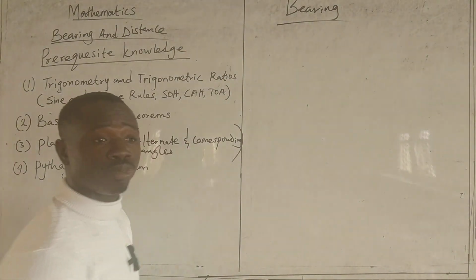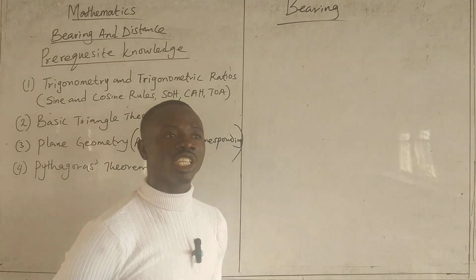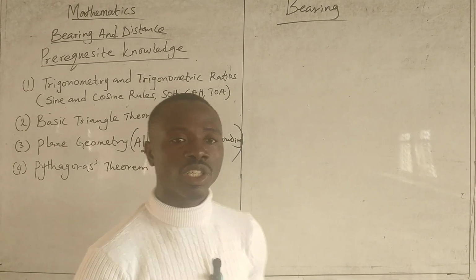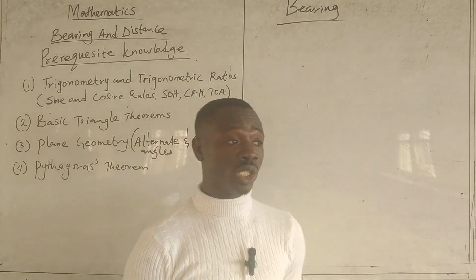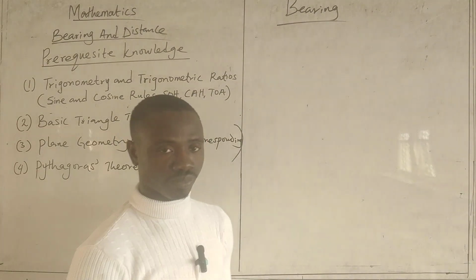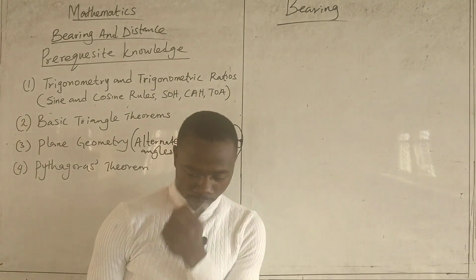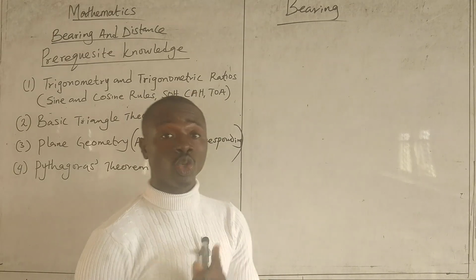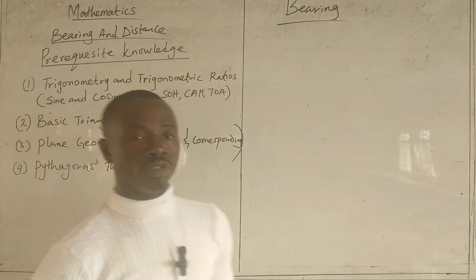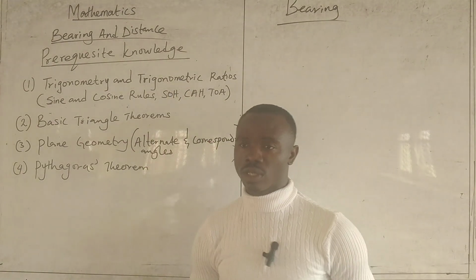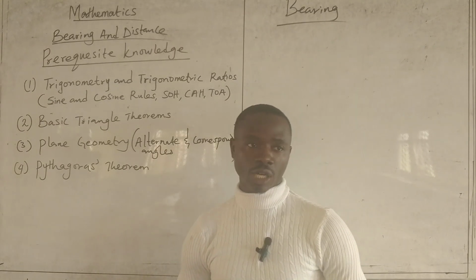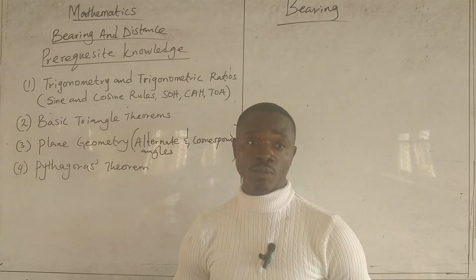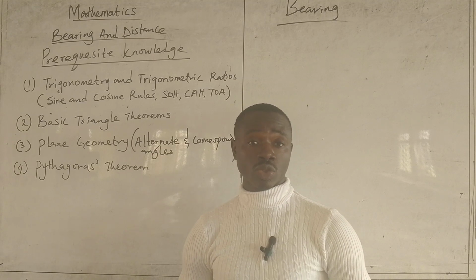Now when you talk about bearing, you are talking about angles, you are talking about the direction in which an object is going. So for you to talk about bearing, there's no way you will not make mention of your four cardinal points. Basically, we have four cardinal points, although we have many more. Geography students can attest to that.